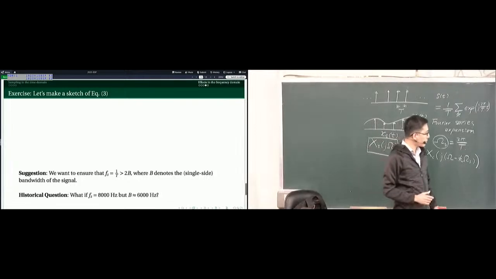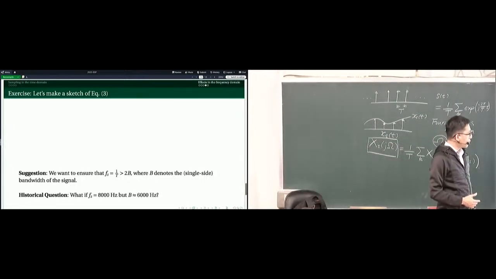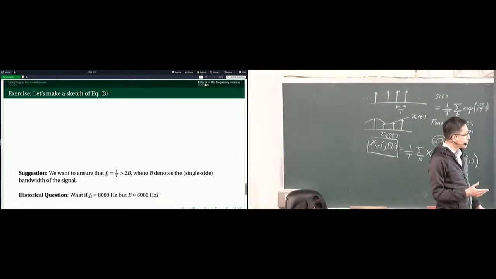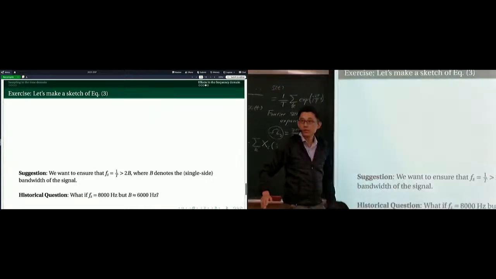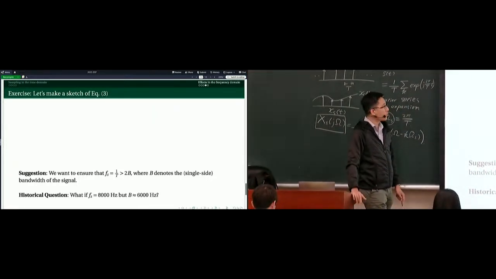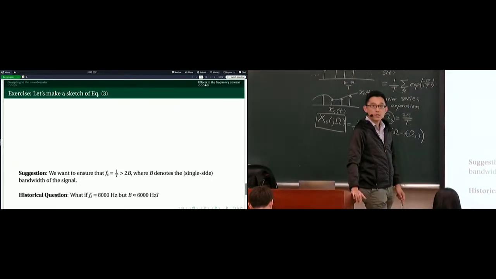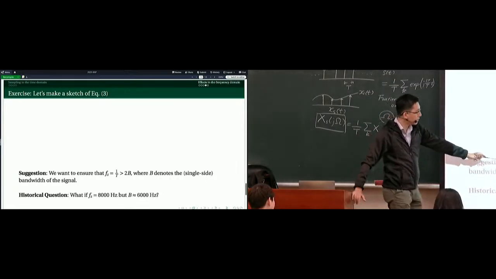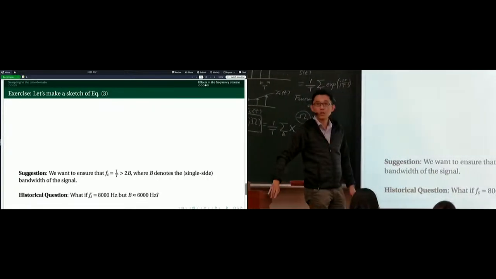So the engineering conclusion is, if you know your bandwidth beforehand, for example, if you know your bandwidth is 20 kilohertz, then make sure your sampling rate is at least 2 times higher, 40 kilohertz, right?